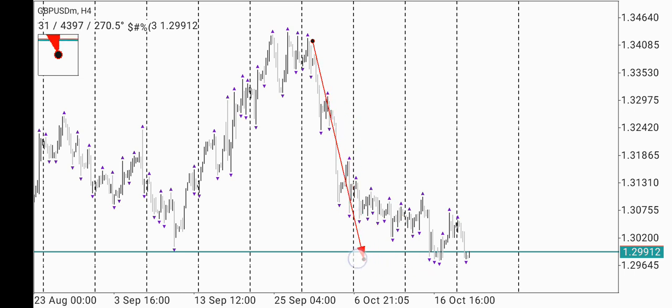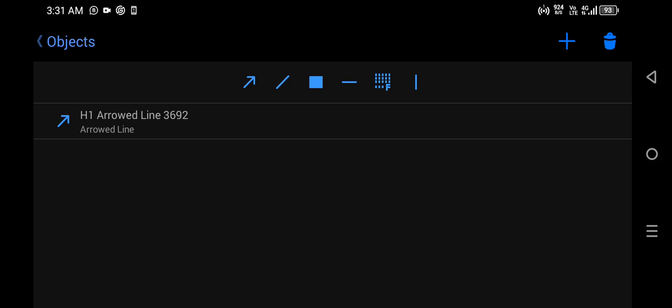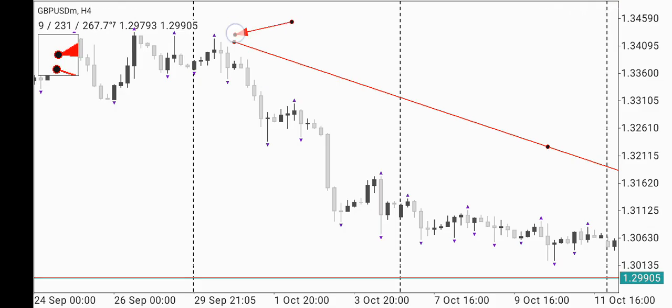So how do you know that it's actually a downtrend? Because it's forming lower highs and lower lows, anything you want to call it, it doesn't matter. You see the way it's moving, then you can change it to your line chart.